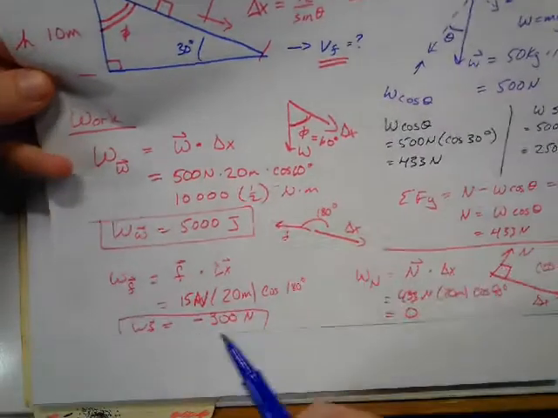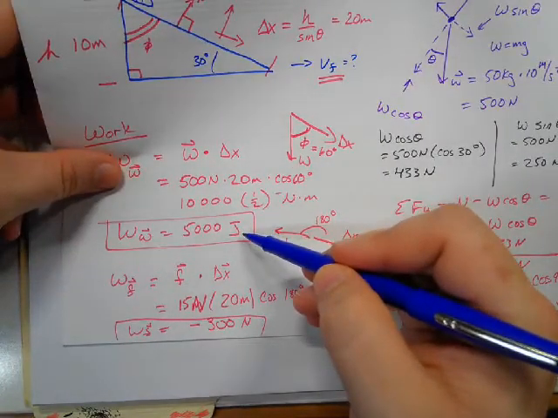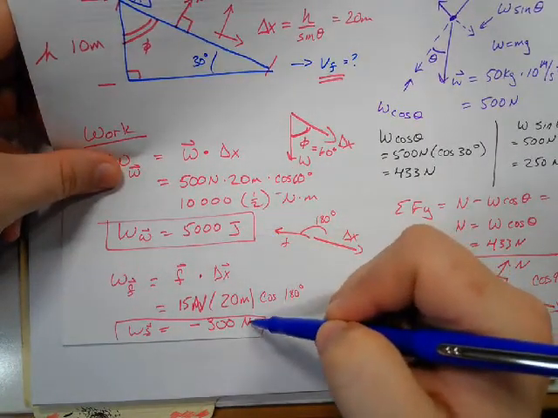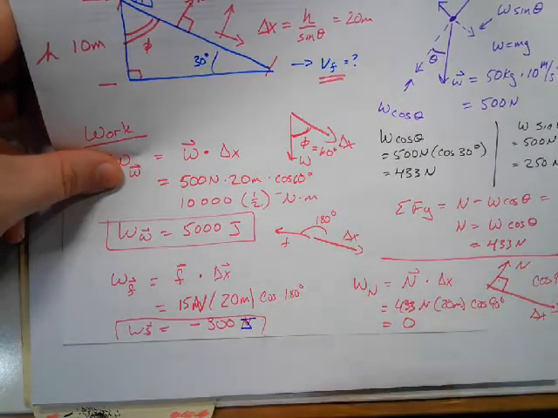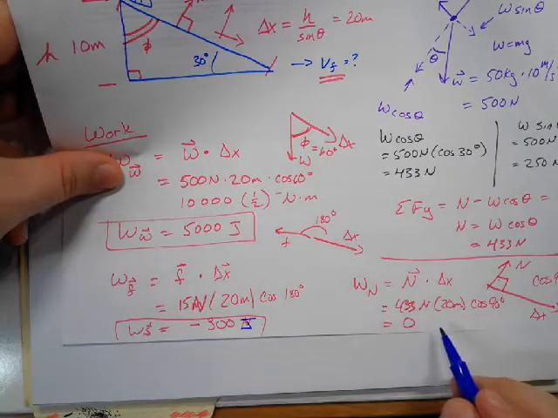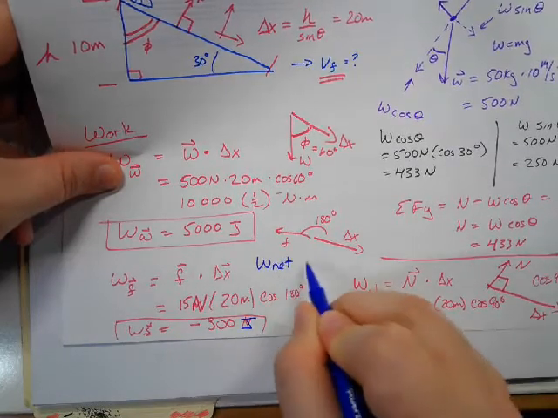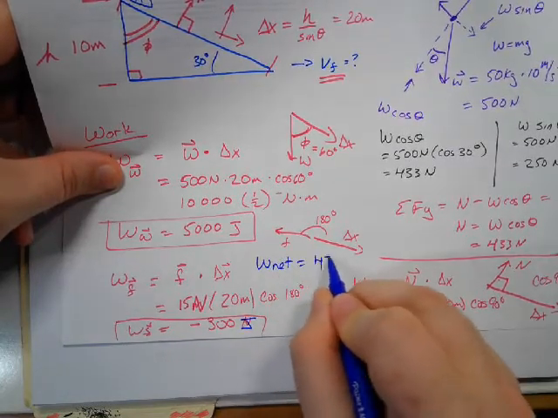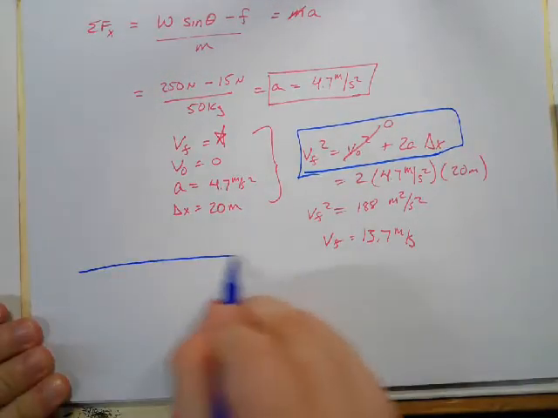All right. What we note here is that our weight force does 5,000 joules of work. Our friction force does negative 300 joules of work. So our normal force does no work. So the net is 4,700 joules. So we can use that in.